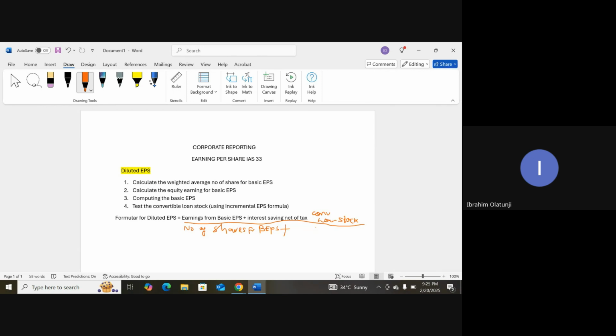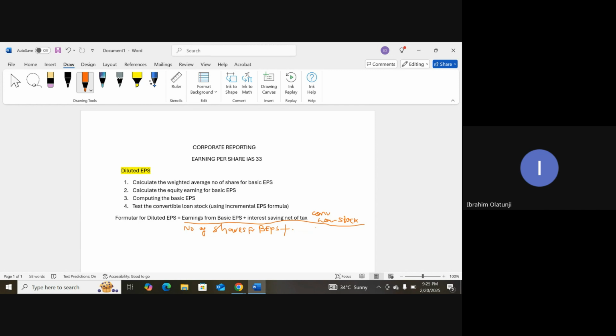So what I want you to understand for this one is that what you are going to add to it is the number of ordinary shares in exchange for conversion of that convertible loan stock.